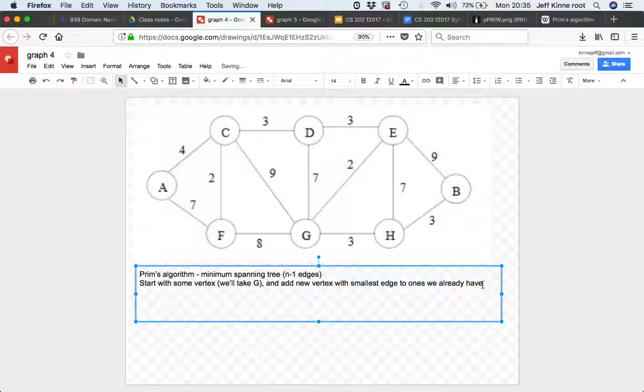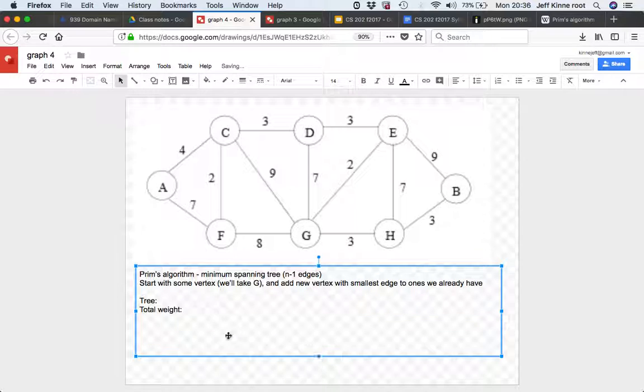Okay. So I'll keep track of our tree. What do we have so far? Our total weight. And things we still need to add.